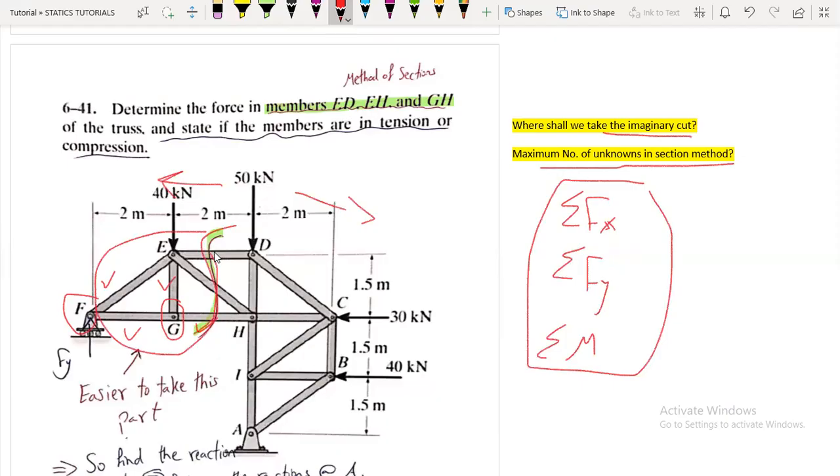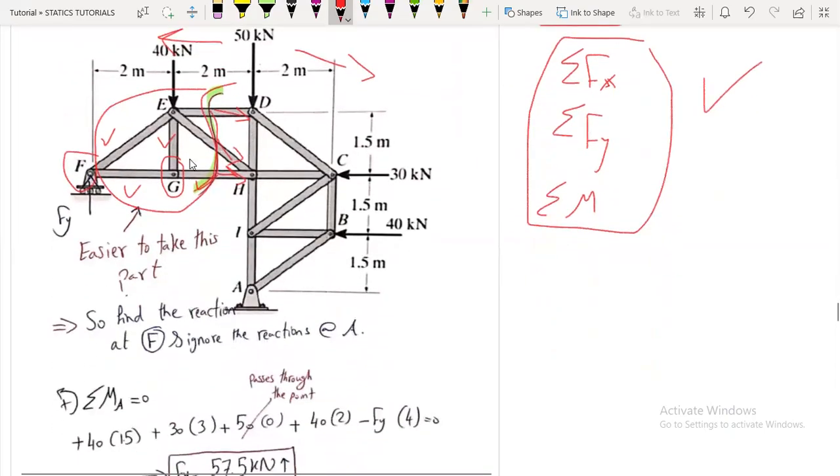So the unknowns of the forces, we can apply these 3 equations to find them easily. Okay, so here in our case it's easier to take what? This part. Okay, so we need just the reactions at F, no need to find the reactions at A, ignore the reactions at A.